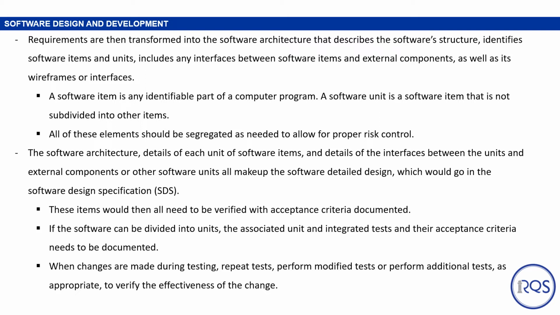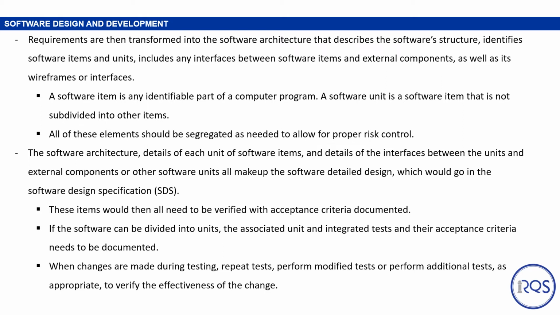The software architecture, details of each unit or software items, the details of interfaces between the units and external components or other software units all make up the software detailed design. The software detailed design is typically documented in the Software Design Specification, or SDS. These items would all then need to be verified with their acceptance criteria documented.